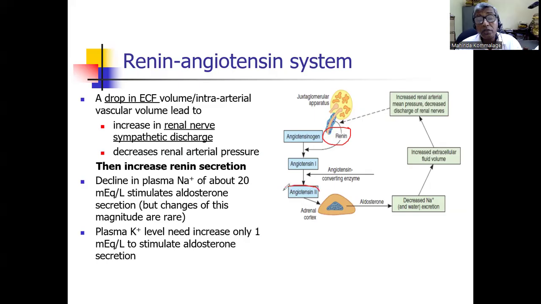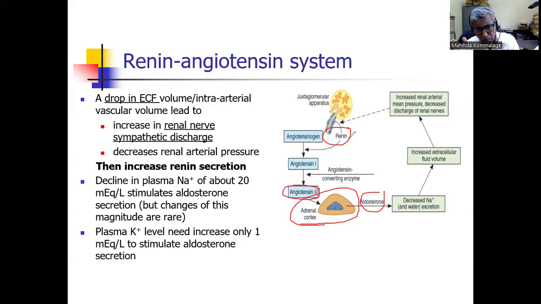Angiotensin 2 will act on the adrenal cortex and stimulate the secretion of aldosterone. Aldosterone is coming from the adrenal cortex with the action of angiotensin 2. The production of angiotensin 2 is initiated by renin secreted from the kidney, right?